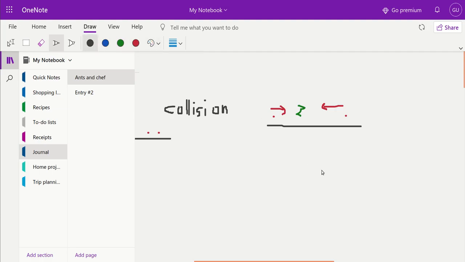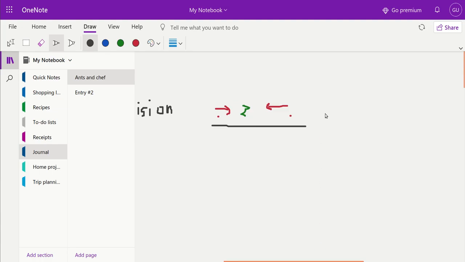After the collision, they reverse their direction. So in the next scenario, we can see the ants reversing their direction. This ant now moves here, and this ant now moves here.